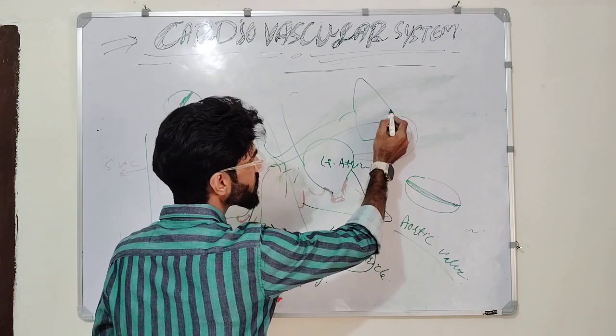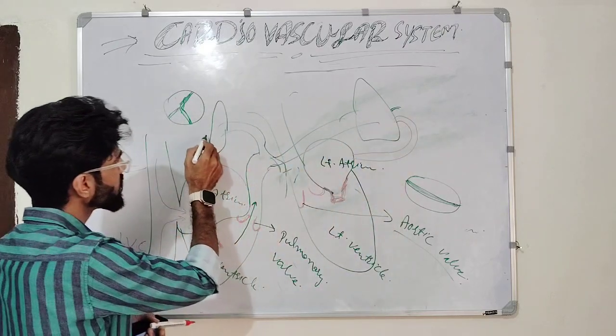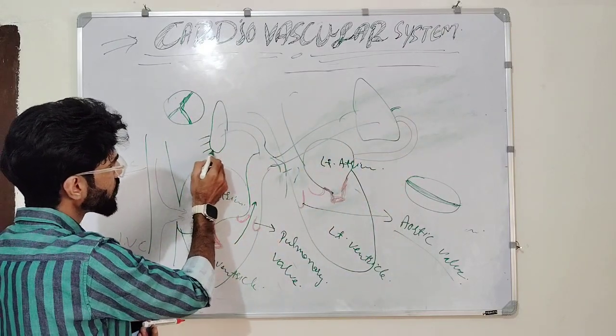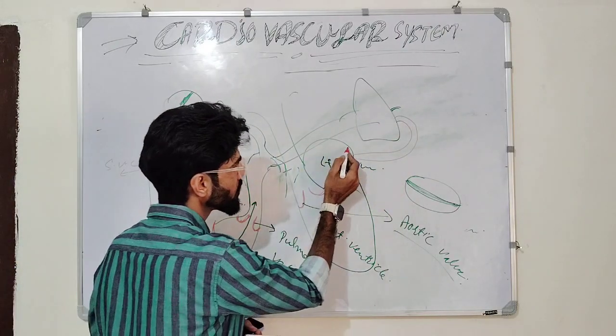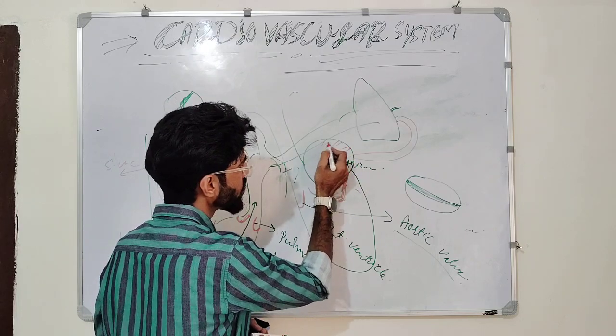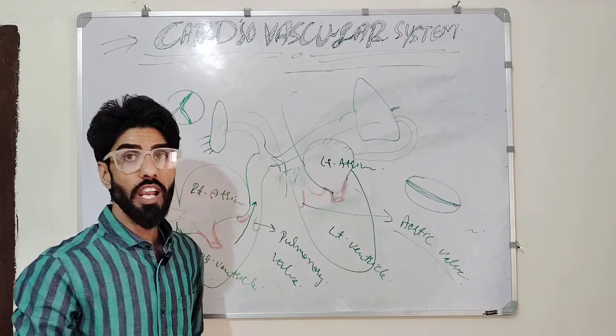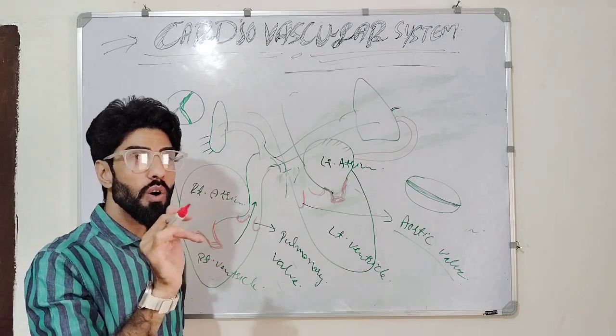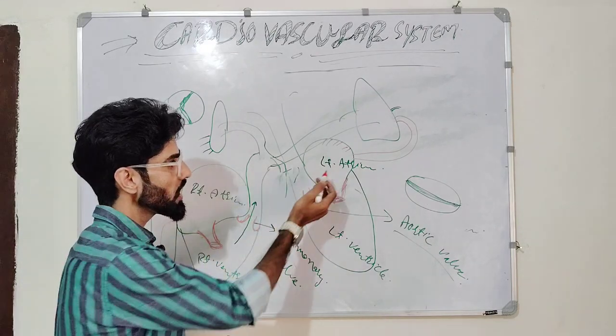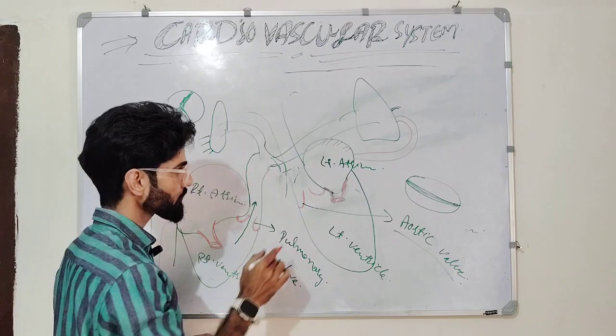How many? Yes, two from each lung, so 1, 2, 3, 4. So four pulmonary veins will drain into the left atrium, but they drain oxygenated blood into the left atrium.